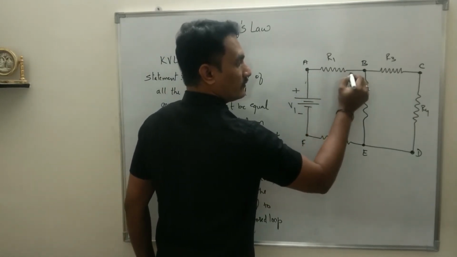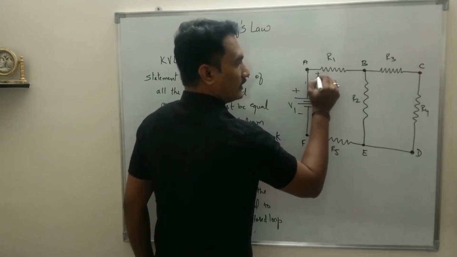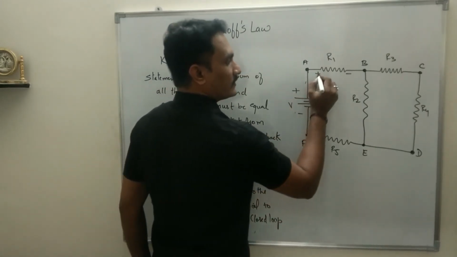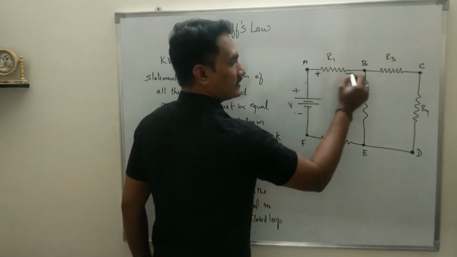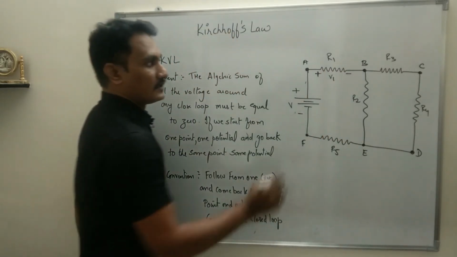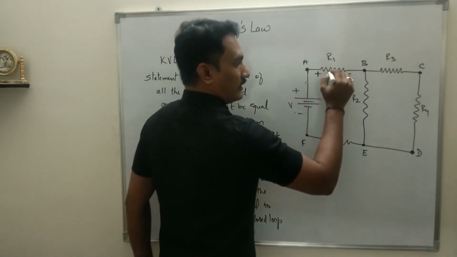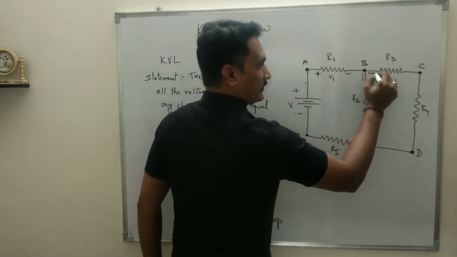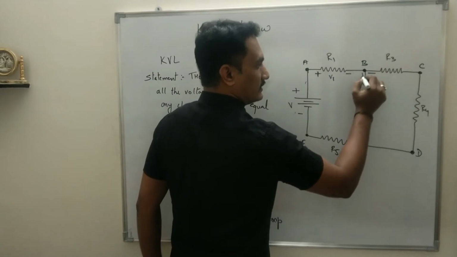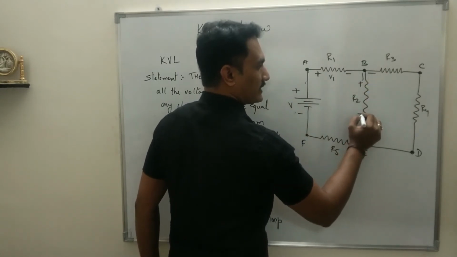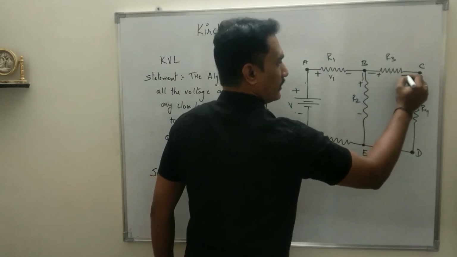When it moves through R1, it will develop a potential difference. I'll name this V. The potential difference will be positive, negative, and the potential be say V1. Direction of current: now the current will go like this, it will come here, it will move towards R3, it will move towards R2. When it moves towards R2, the potential will be plus minus, R3 plus minus.